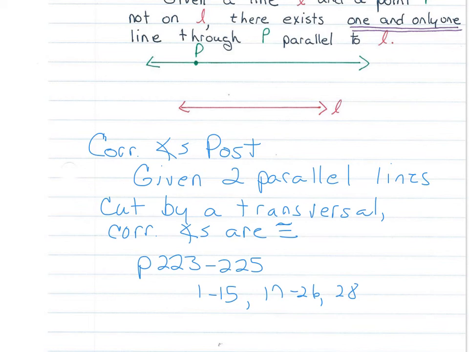I think some of the questions say name the same side interior angles. So write same side interior angles and then list out your angles that are same side interior or alternate interior. Be sure that I could tell what the question was by the way that you have answered your question on the paper. Don't just write down the angles. Write down what kind of angles they are. Be sure you draw your diagrams.